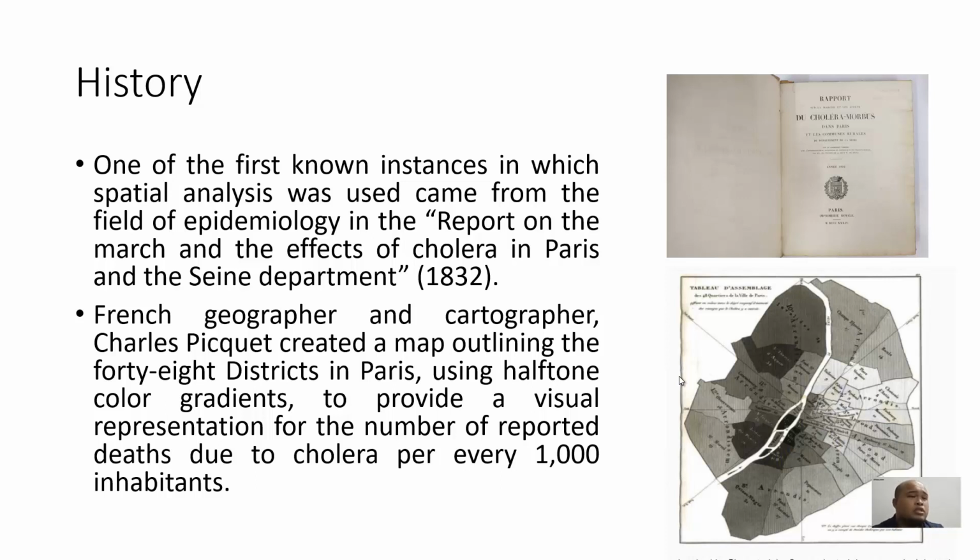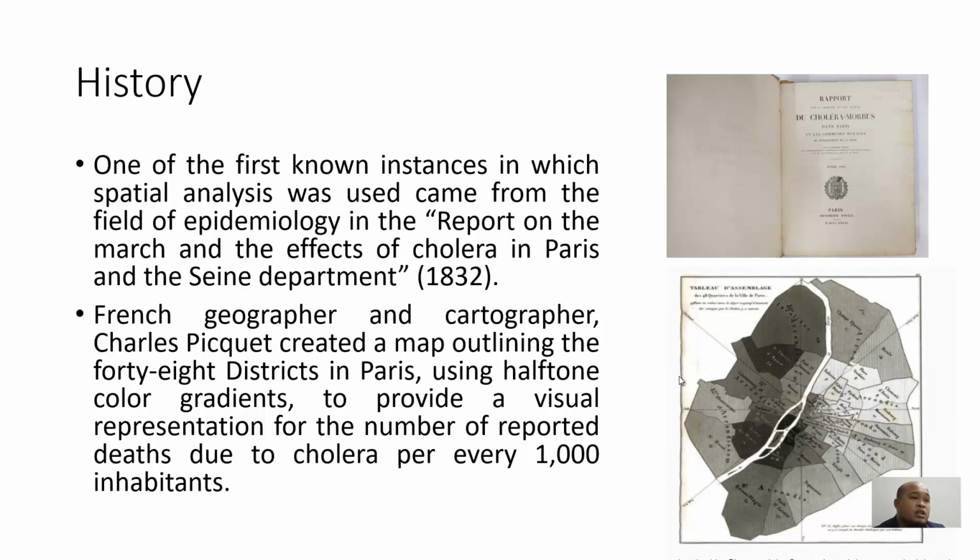As was mentioned previously, digital GIS started in the 1960s, but the mapping itself started way back, right? So in 1832, there is proof that people had started using the concept of GIS.